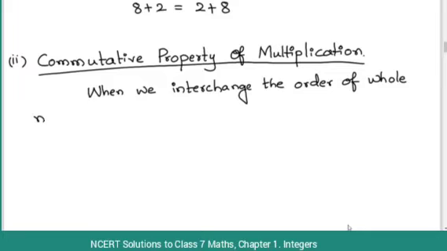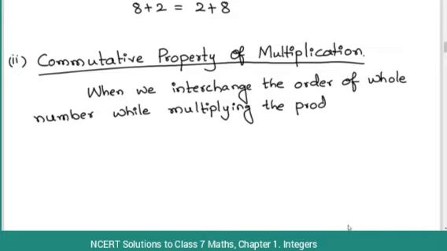Or when we interchange the order of whole numbers while multiplying, here I have used whole numbers, you can use integers also, the product remains same.